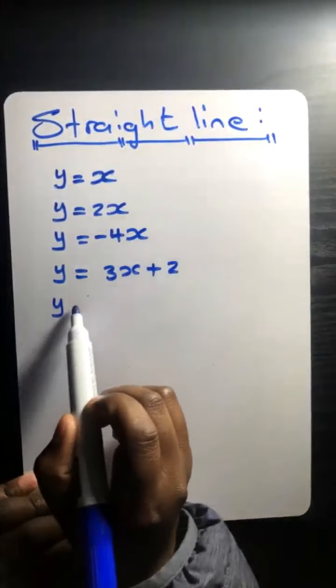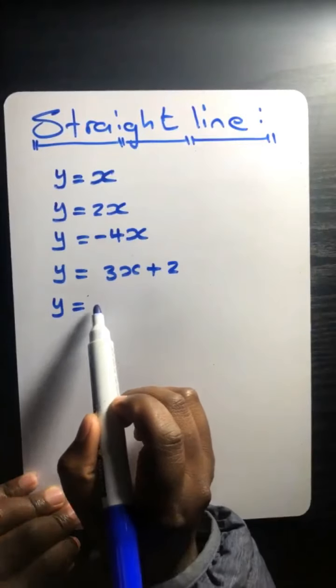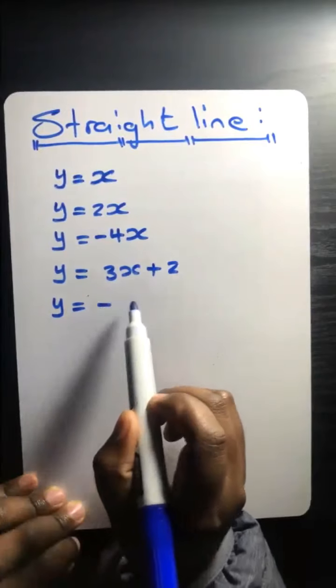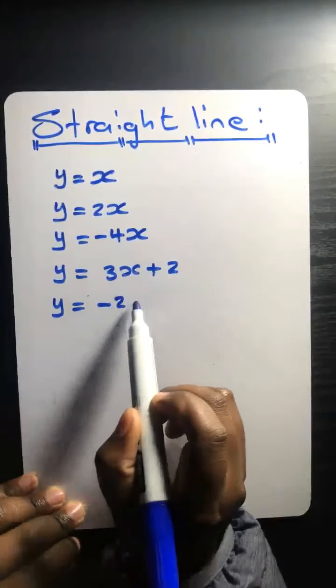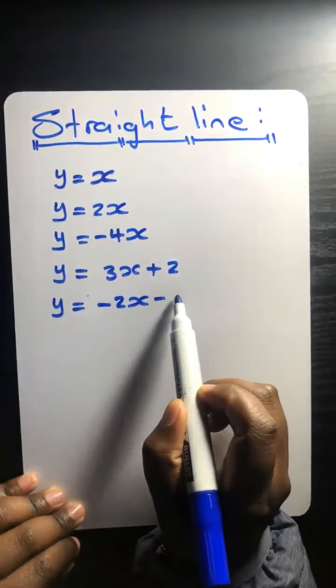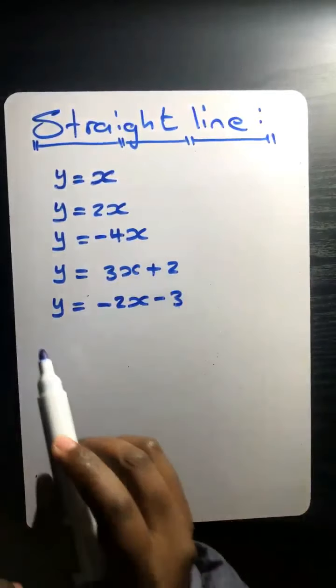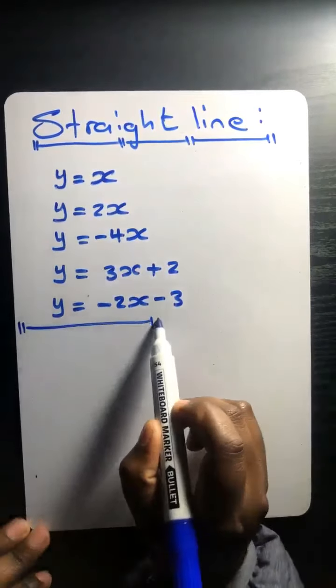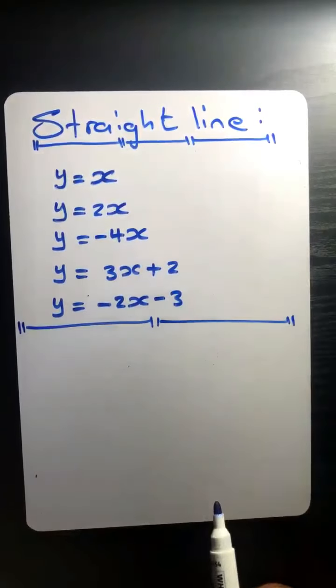And the last one being y equals negative 2x minus 3.